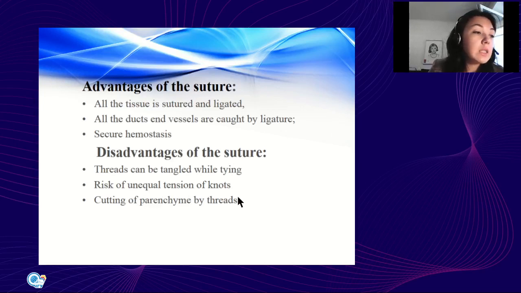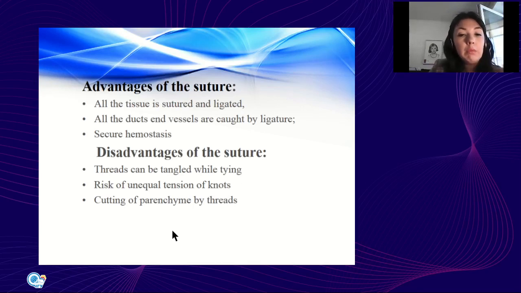So this risk is always present when you use interrupted suture. When you use continuous, you are nearly sure that every stitch will have the same tension, because finally there will be just one knot. Yes, and here in case of interrupted sutures, because each stitch has its own knot, tension can be different.